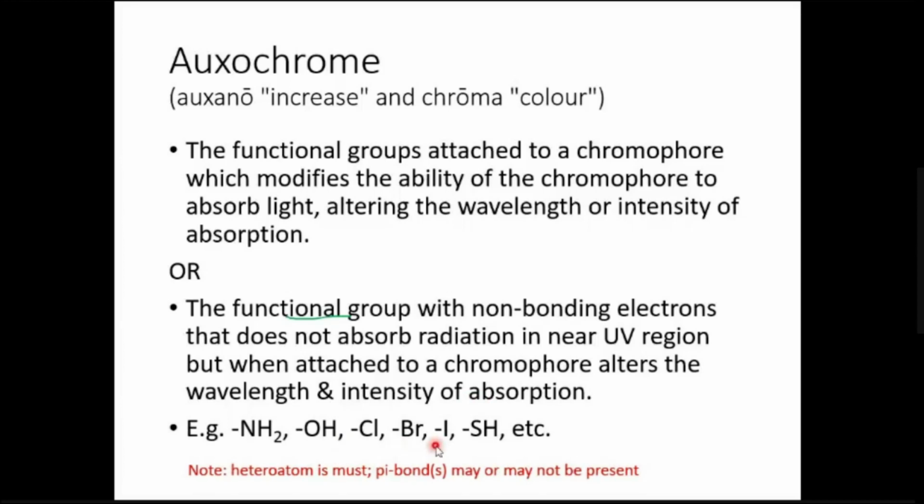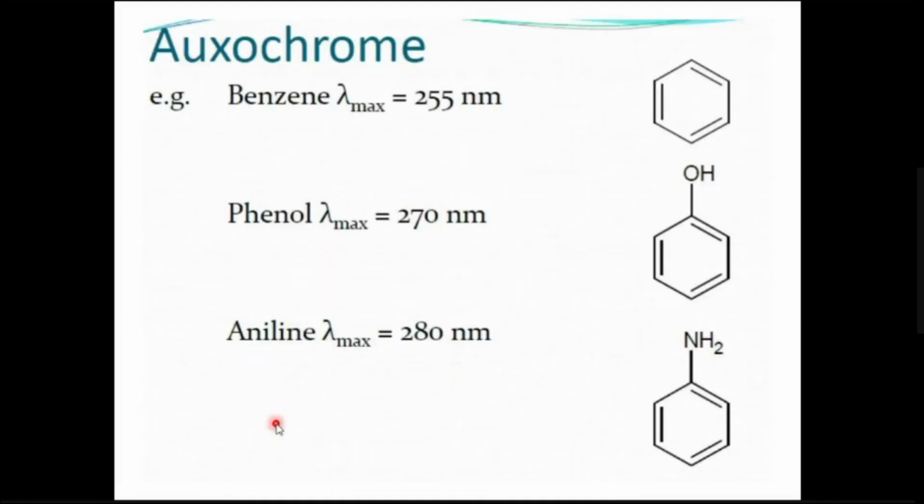All halogens come in this range. You have OH group, SH group, NH2 group. Okay, so this is auxochrome. See, benzene, it is a chromophore. It may be attached to hydroxyl group or NH2 group. In both cases, you will observe that lambda max has shifted to longer wavelength. That means now the compound absorbs at lesser energy.